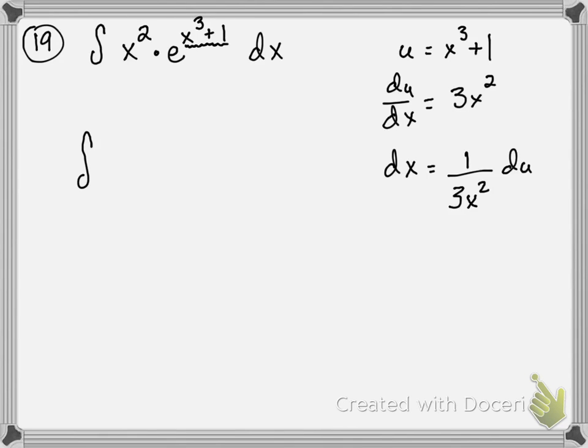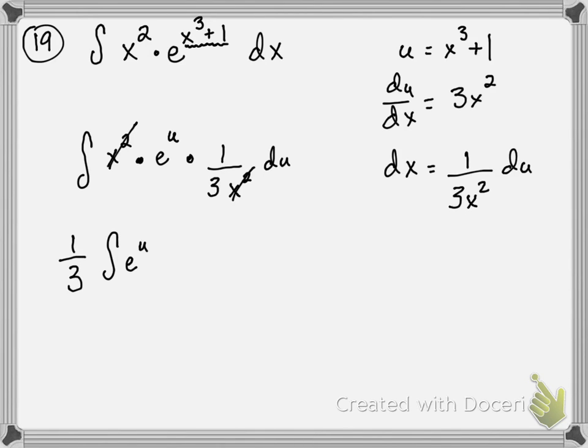You have the integral of x squared times e to the u times dx, which is actually 1 over 3x squared du. So something does cancel. The x's cancel, which was our whole goal in substituting. Okay? Now, what I like to do to clean up my problem is bring the 1/3 all the way out.